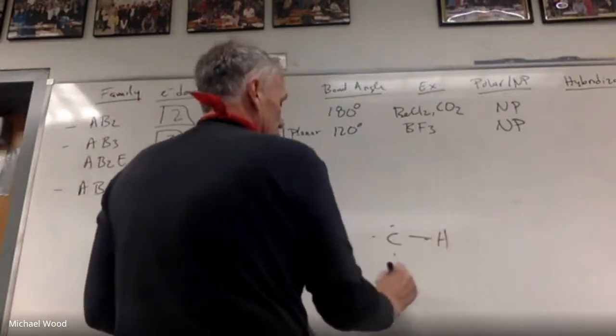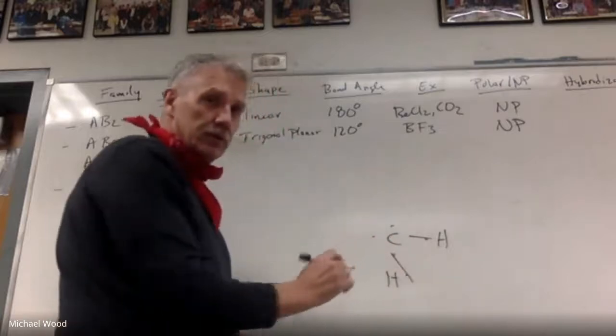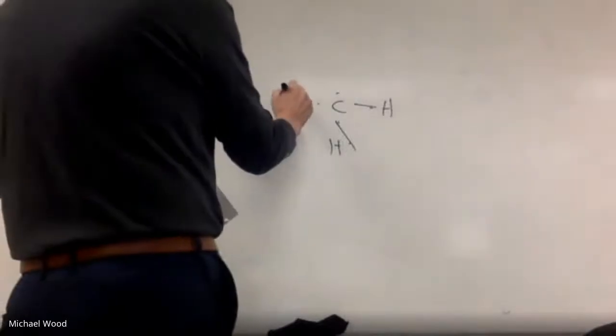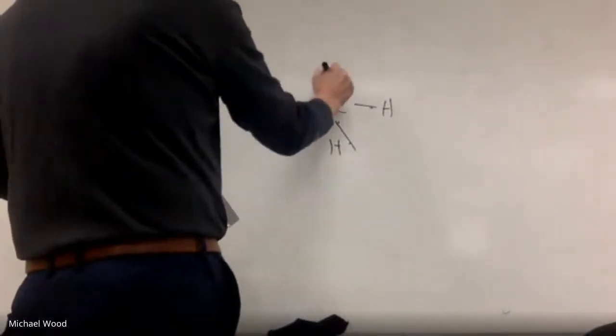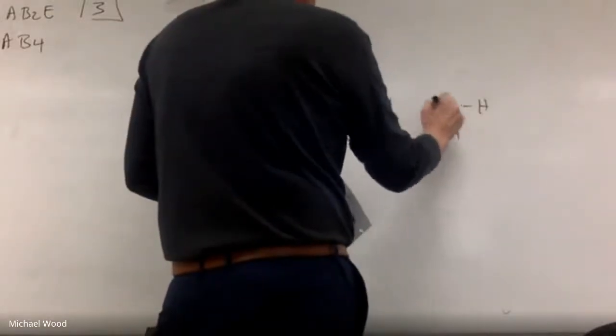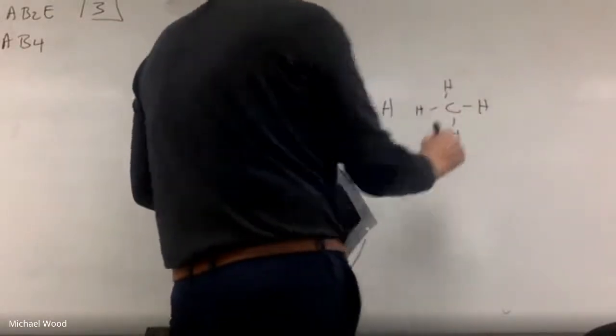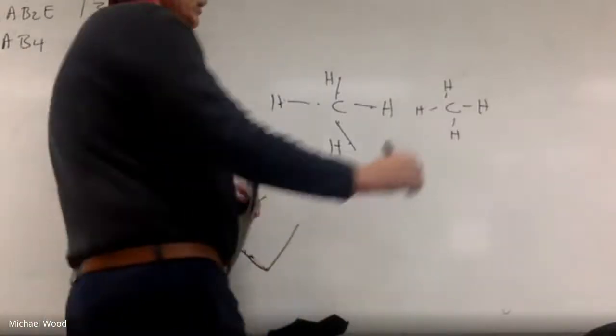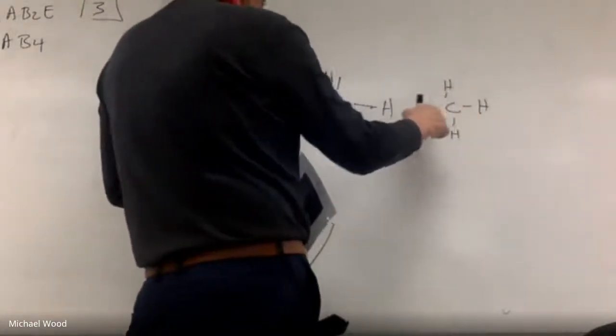So here, here, here, here. If I clean that up, this is actually the gas called methane that comes out of the gas jets when we light the Bunsen burners. If I count the electron domains, it's 1, 2, 3, 4. So this has 4 electron domains.